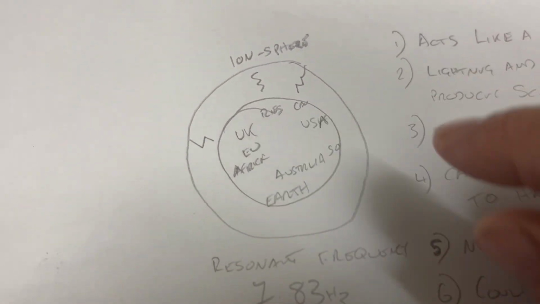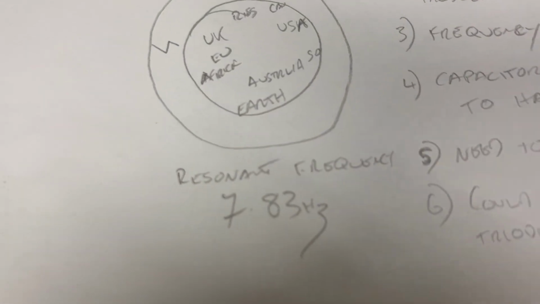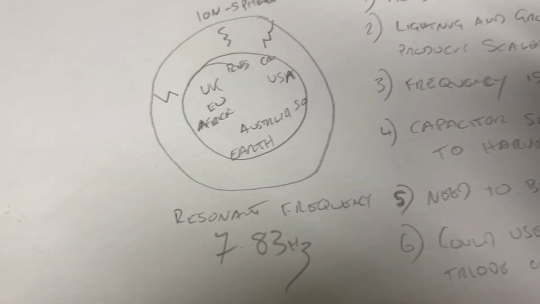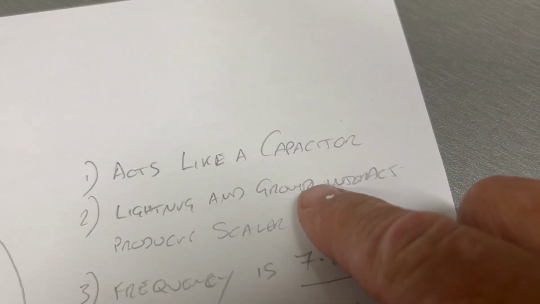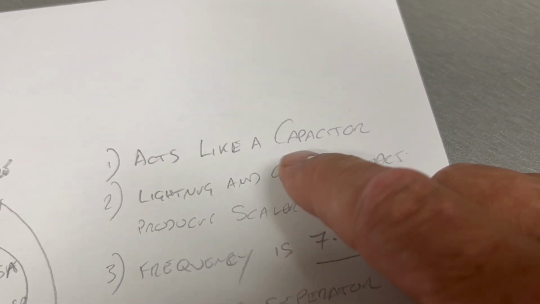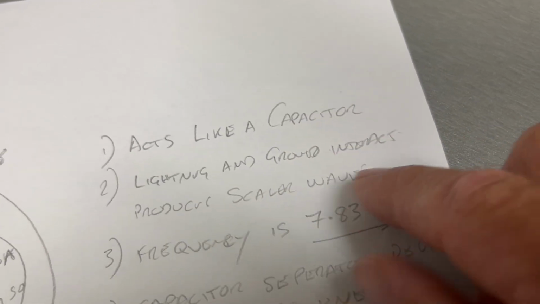The extra energy has to have a frequency that's coming from the earth. And that frequency is 7.83 Hertz, as I found out, very low frequency. That's the frequency what happens when lightning and the ground interact and forms the scalar waves.